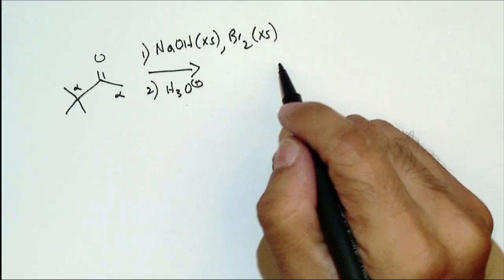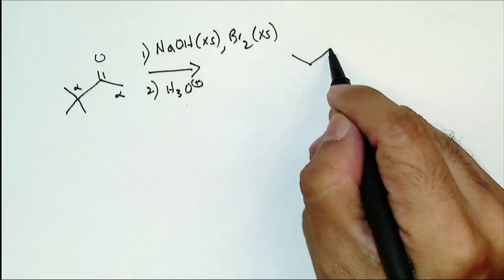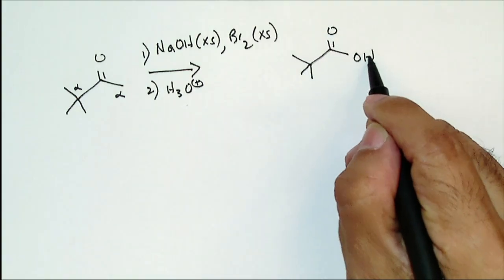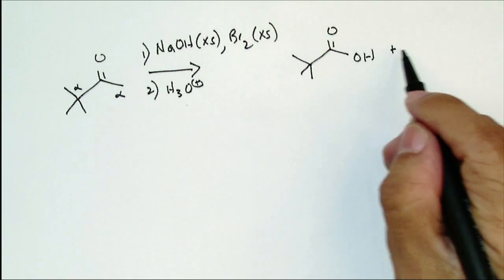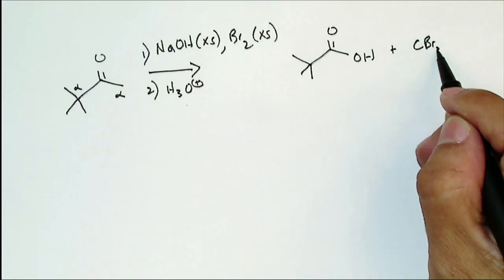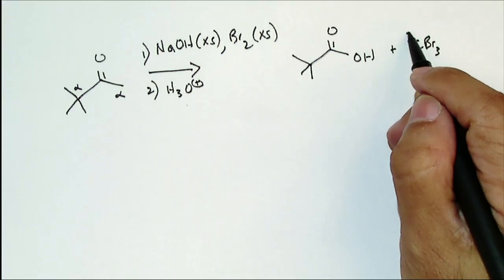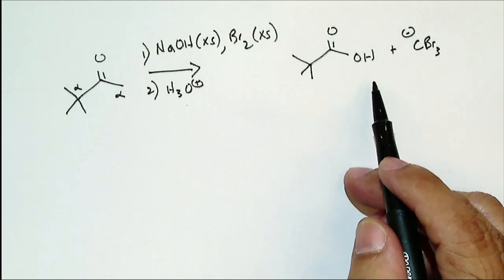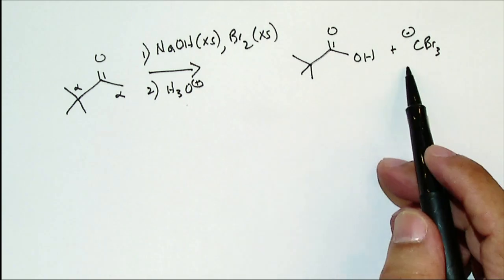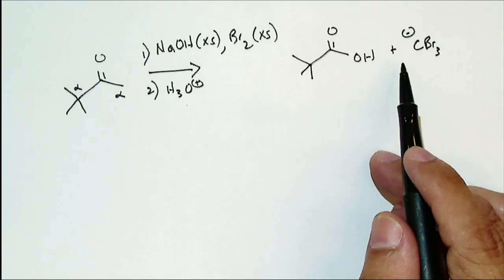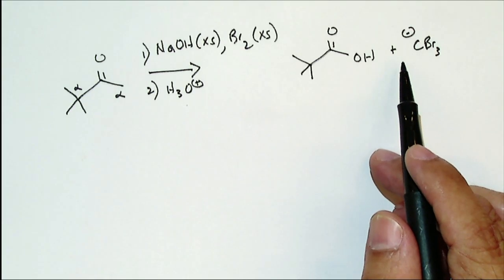It turns out that what you are going to get as your product here is going to be a carboxylic acid, plus the side product is going to be carbon with 3 bromines and a minus charge here. This is really the haloform reaction because you're producing bromoform as your product. Technically speaking, this is really the haloform reaction.